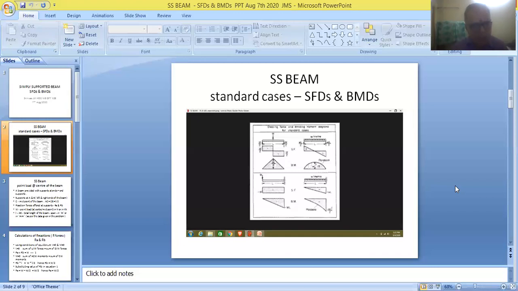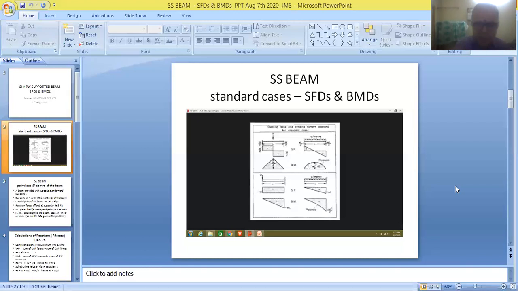Taking all these values, we can very easily construct these diagrams. Take all the values of shear forces and prepare the shear force diagram. Take all the values of bending moments and we can prepare the bending moment diagram.